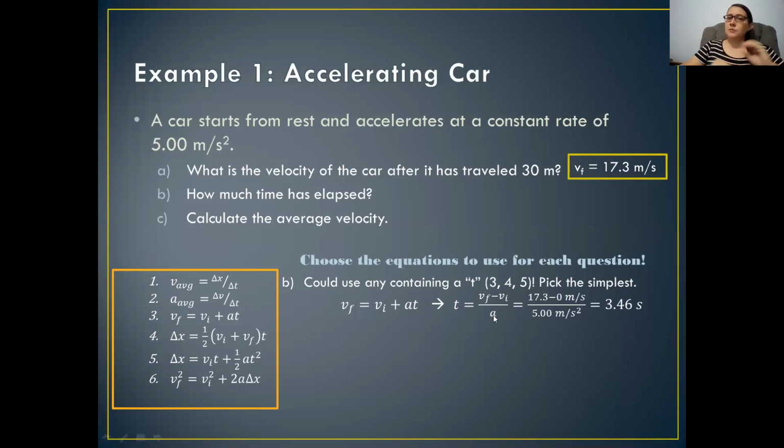And that sort of equation manipulation is basically just algebra, but it's going to be a skill that you need to get good at, so that, when you're taking a quiz and you have an equation sheet, you don't have to write down every way of writing that particular equation. You can just rearrange it however you need to based on what you're given. So anyway, our final velocity is 17.3, initial velocity is 0, acceleration is 5. That gives us a time of 3.46 seconds.